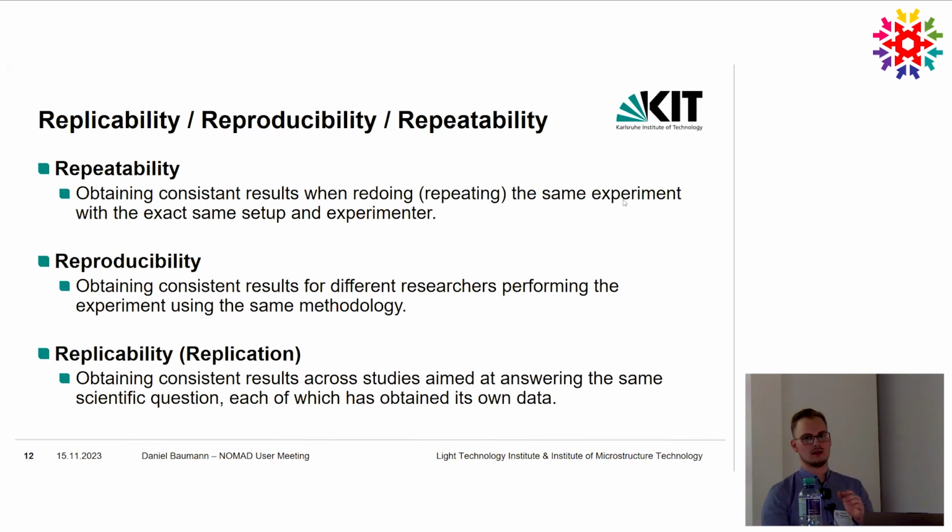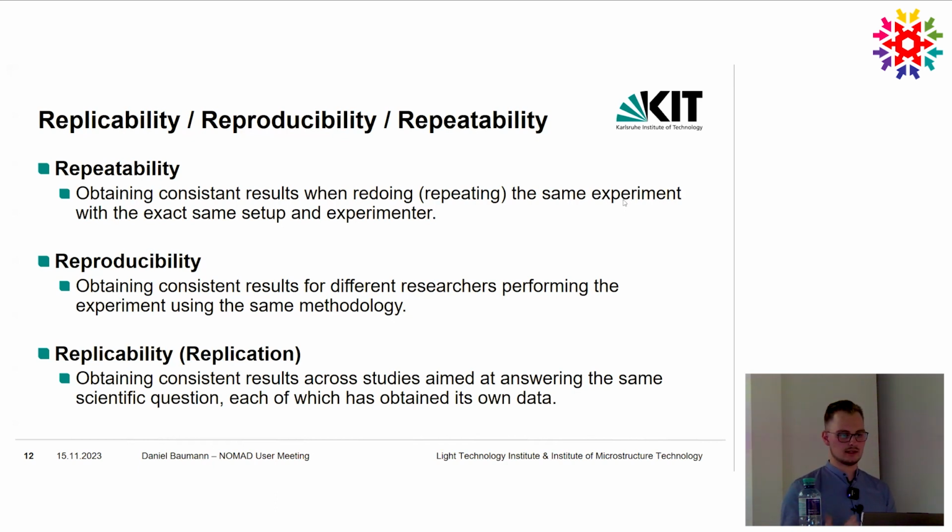What is the easiest way, or the basic thing to show is repeatability, which means you repeat the same exact experiment with the same experimenter, the same setup, and you do it today and a week from now, and you get the same trends for this temperature dependence, for example.